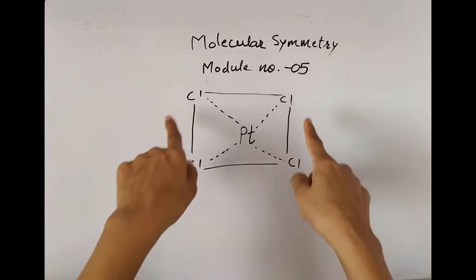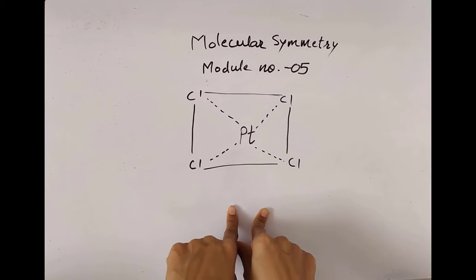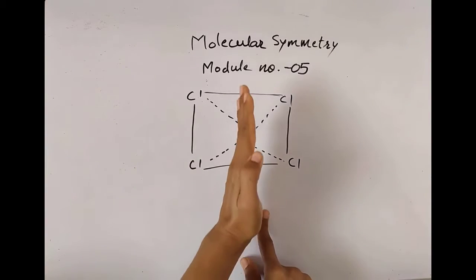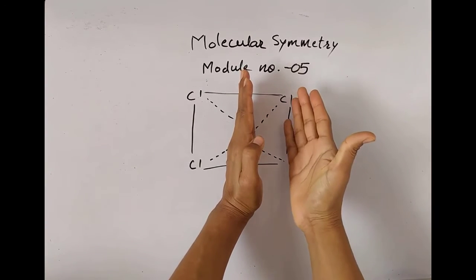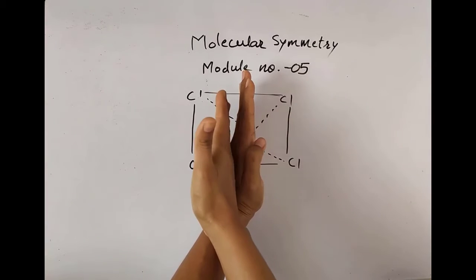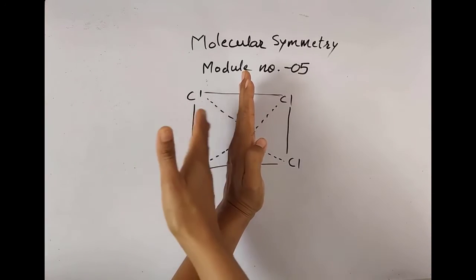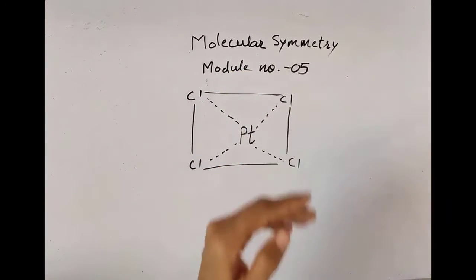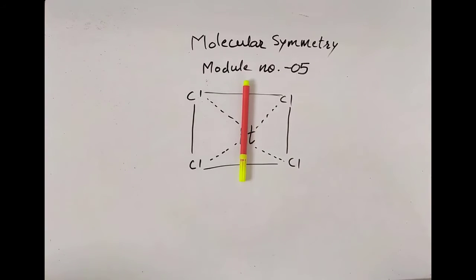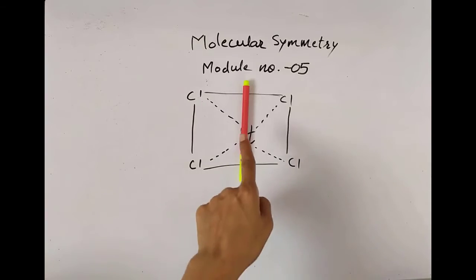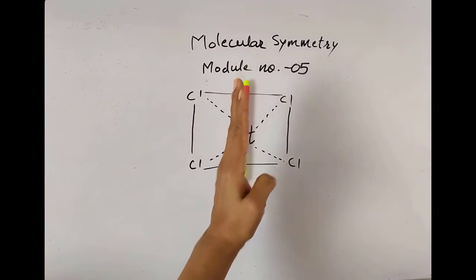As soon as you look at this molecule, what comes to our mind? First of all, we can cut the molecule like this. This half of the image is exactly the mirror image of the other half of the PtCl4 molecule. Suppose I am passing the plane like this. This is not the principal axis, this is the plane I am passing.